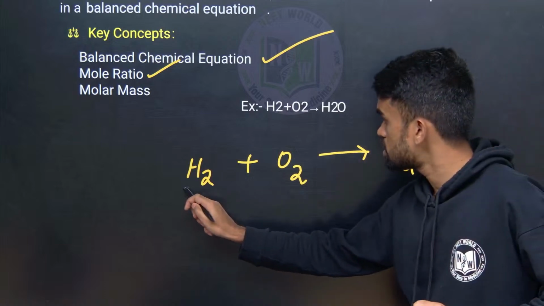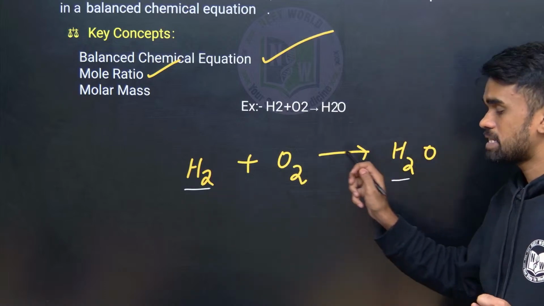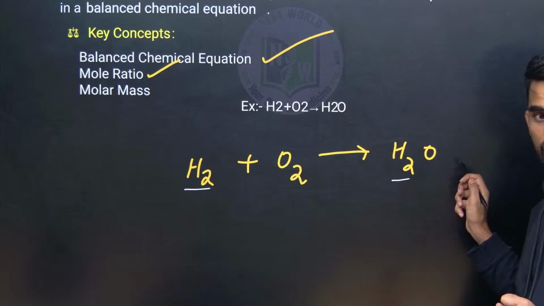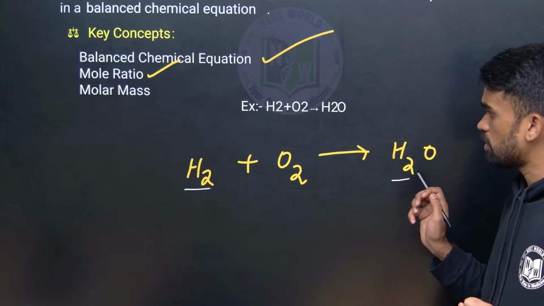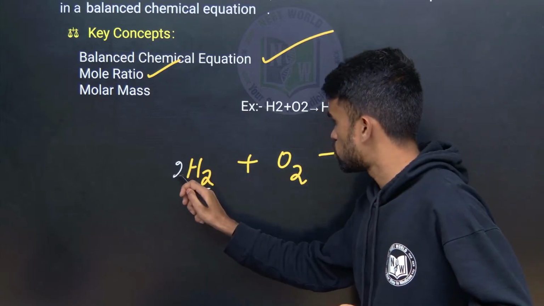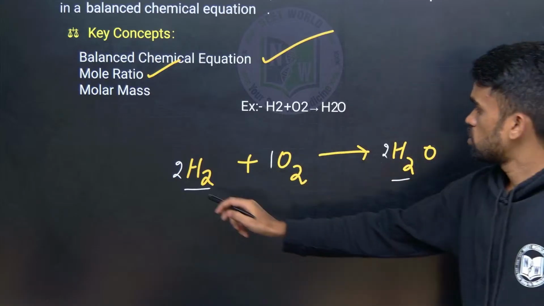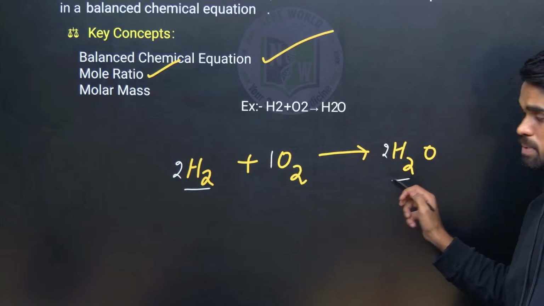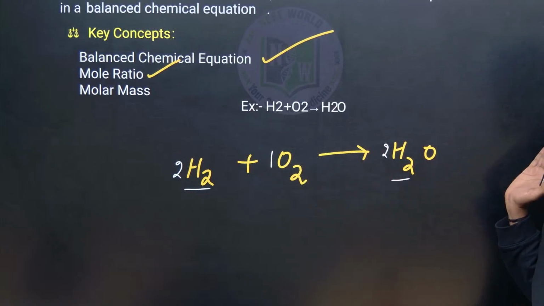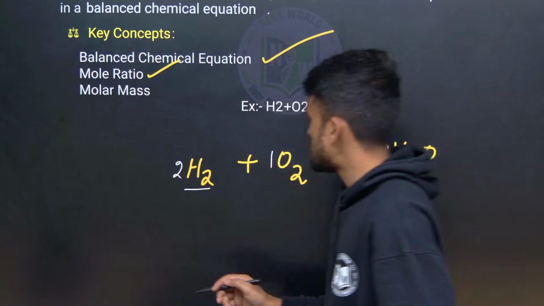How many hydrogens? Here oxygens 1. It is not balanced. So how can we balance? I am multiplying here with 2, here with 1 and here with 2. Now check: 2 times 2 is 4 hydrogens on both sides, 2 oxygens and 2 oxygens. Everything is balanced. Now what is their mole ratio?